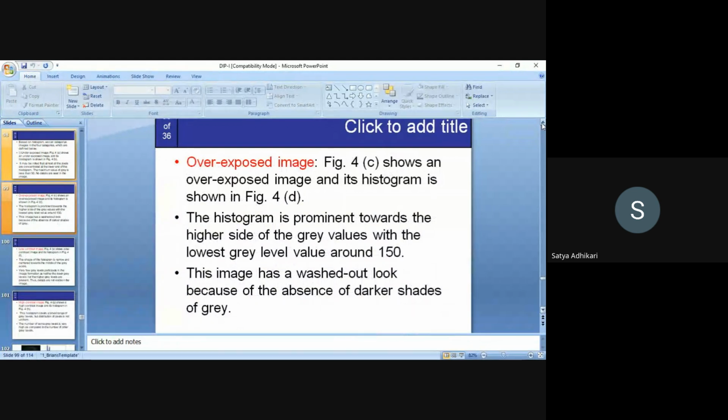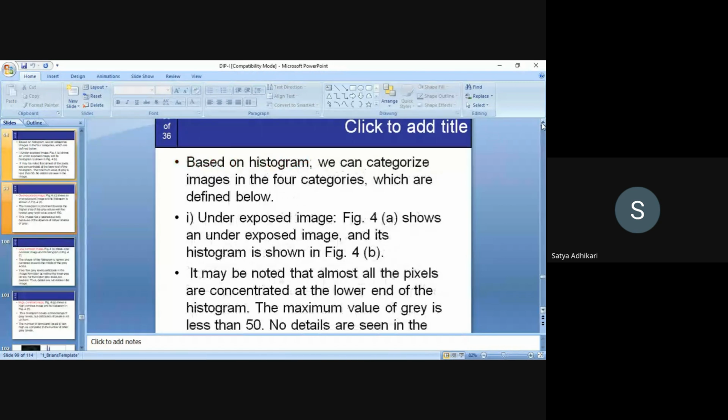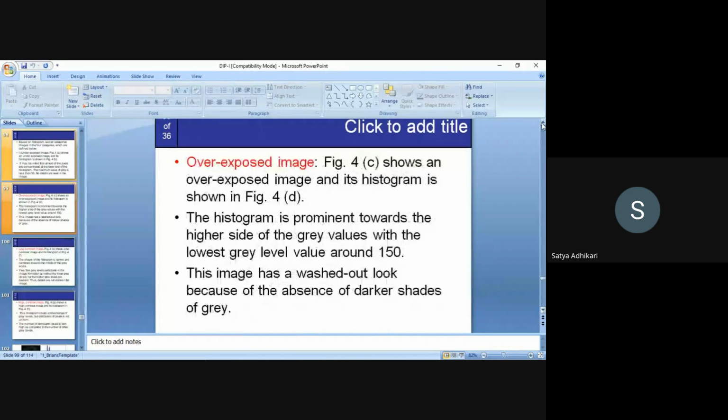overexposed. There is a figure that shows an overexposed image, and the histogram is also given. This histogram is prominent towards the higher side of the gray values, with the lowest gray value around 150, and all other values greater than 150. So it is more exposed, closer to the white color.